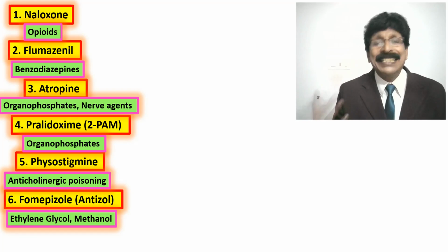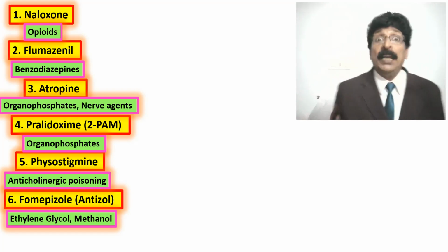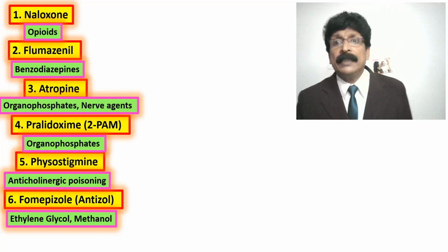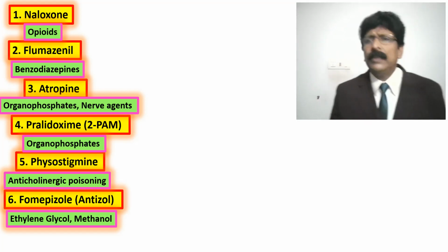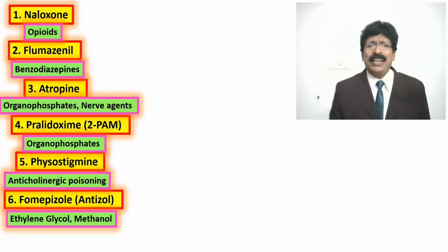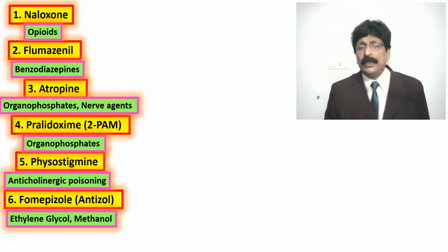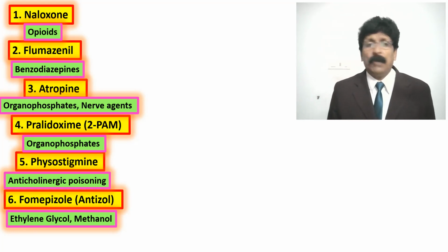Methanol mixing in the local arrack, and people are poisoned, and many people died even recently. Not only here, all over the world. In India it is more. Local arrack, they used to mix with ethylene glycol and methanol. They are dangerous, they are poisonous. They cannot be detoxified by the liver.